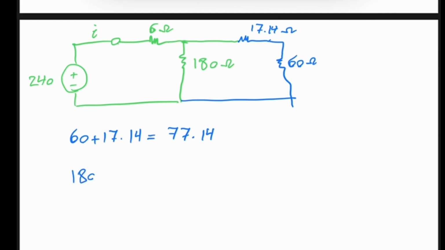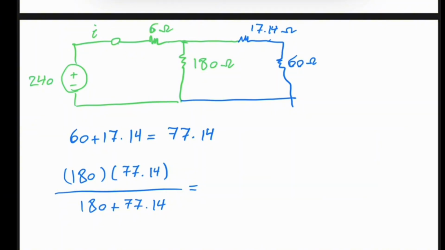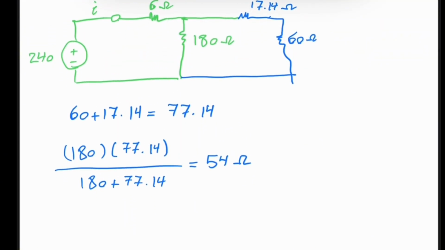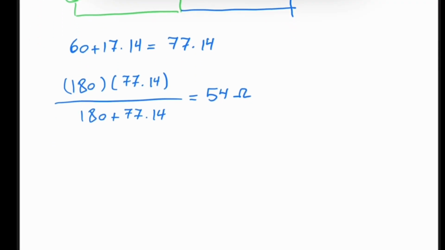So 180 times 77.14 over 180 plus 77.14, if you calculate, is equal to 54 ohm. And this 54 ohm is in series with the 6 ohm resistor. Therefore 54 plus 6 gives me 60 ohm.